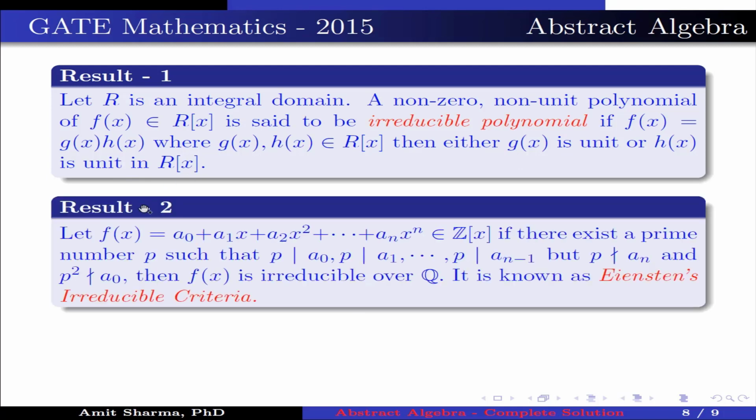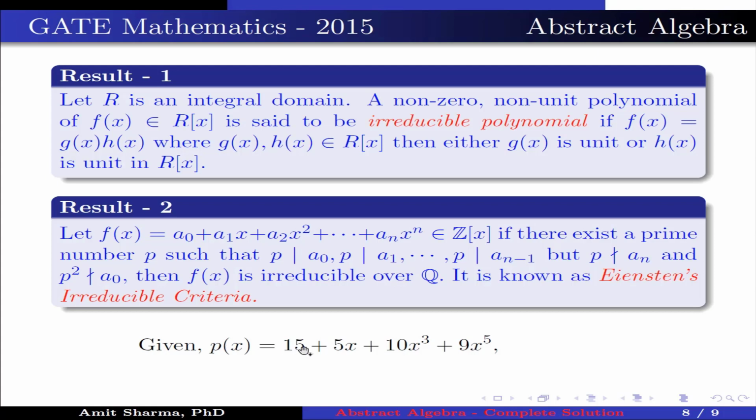Result number 2. Let f(x) is equal to a0 plus a1x plus a2x square and so on up to an x to the power n belongs to Z[x]. If there exists a prime number p such that p divides a0, p divides a1 and so on, p divides a(n minus 1), but p does not divide an and p square does not divide a0, then f(x) is irreducible over Q. It is known as Eisenstein irreducibility criterion.